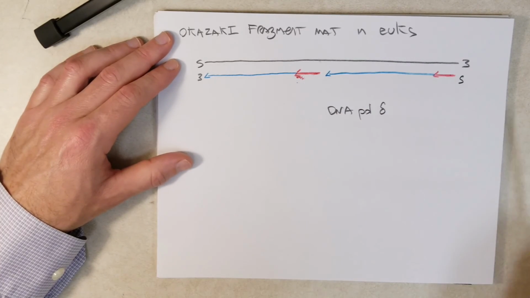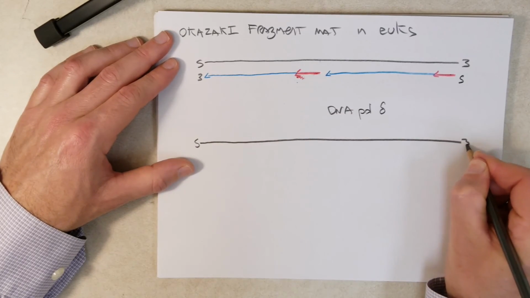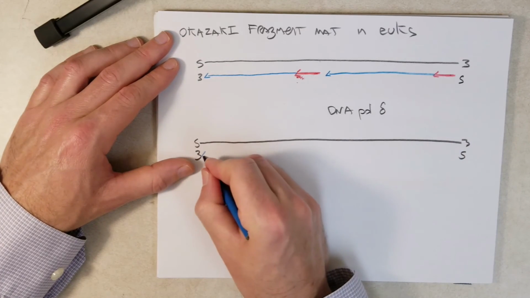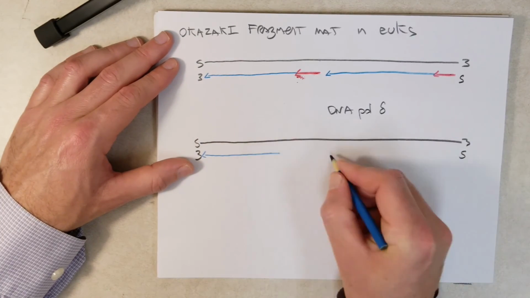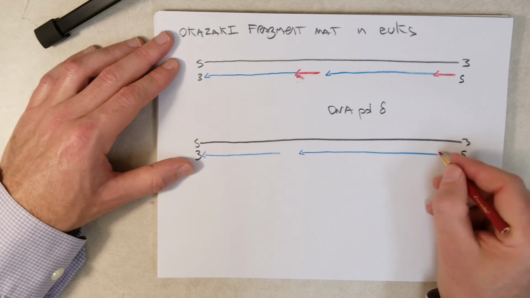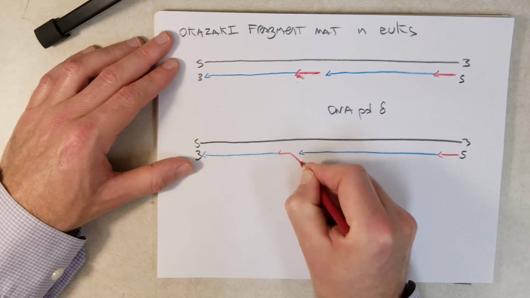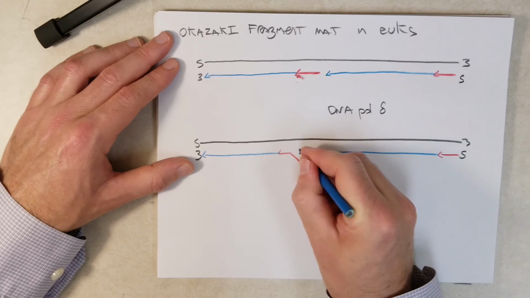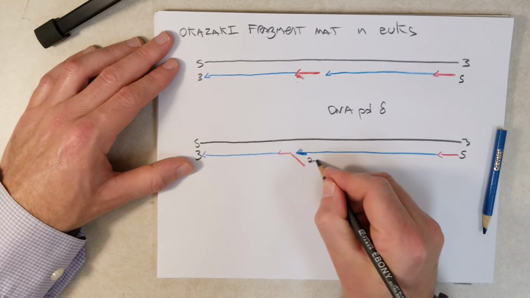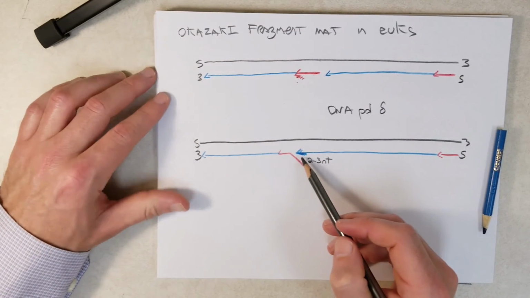So we end up with something like this. And here's the flap right here. The flap might be 2 to 3 nucleotides long. These are ribonucleotides.